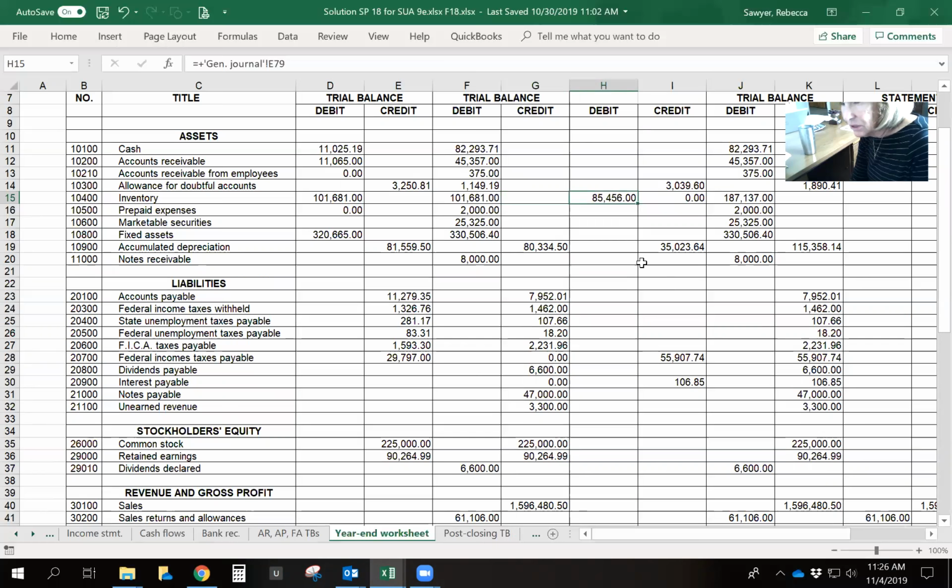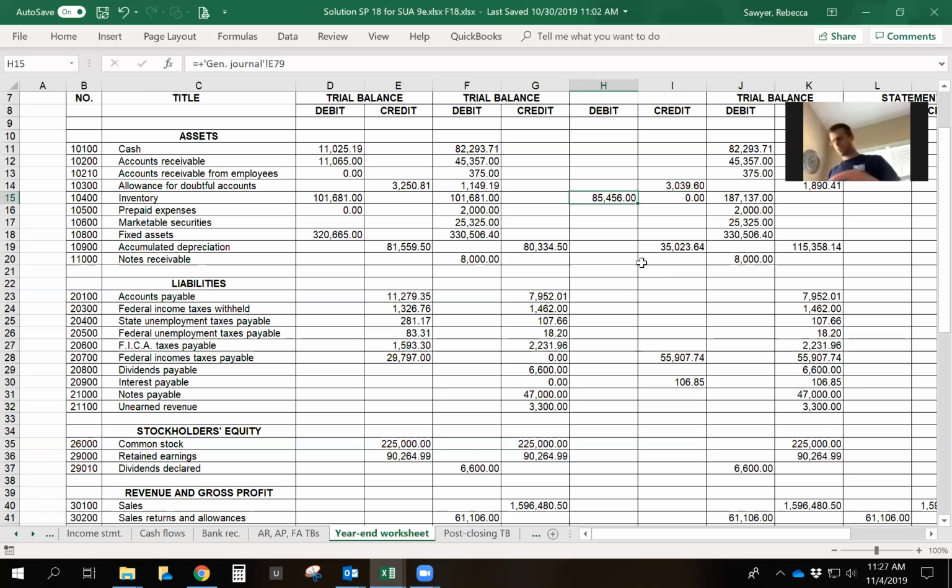That's what we adjusted it. Okay, when you start your worksheet, inventory is 101,681 in the unadjusted trial balance. The transaction list says inventory should be 187,137. So you've got to debit it for 85,456 to get there.